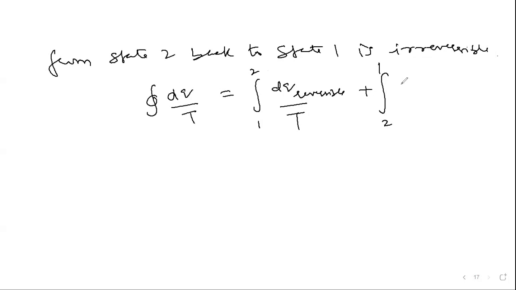But we are saying that this transition is irreversible. So I write dq irreversible over T. 1 to 2 dq reversible over T plus 2 to 1 dq irreversible over T.